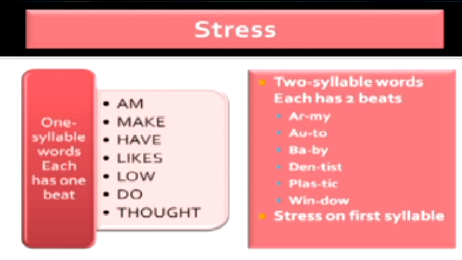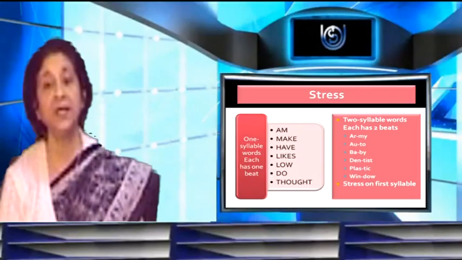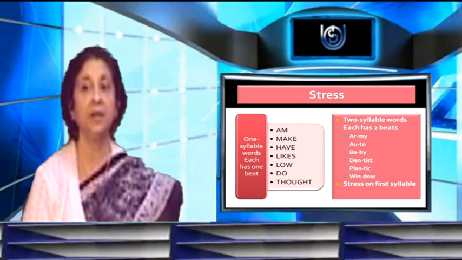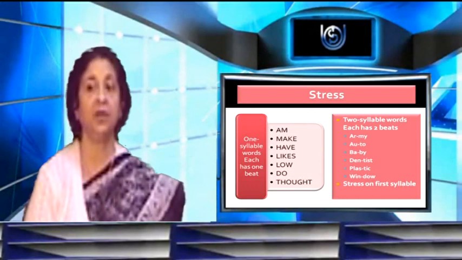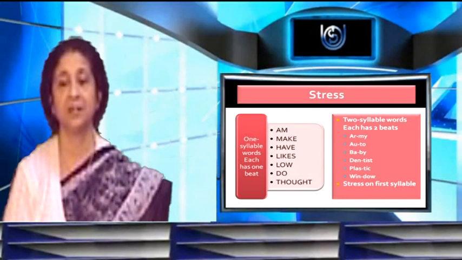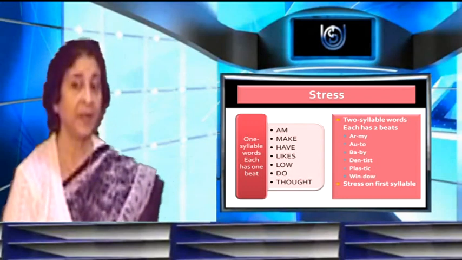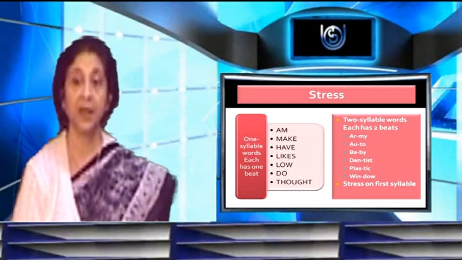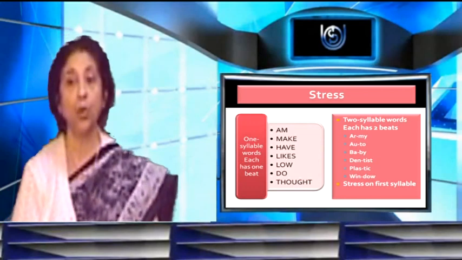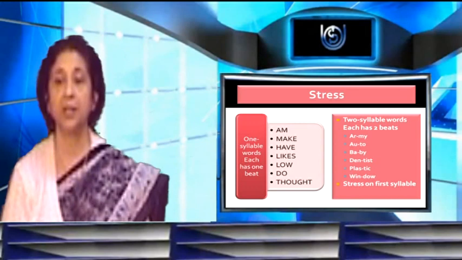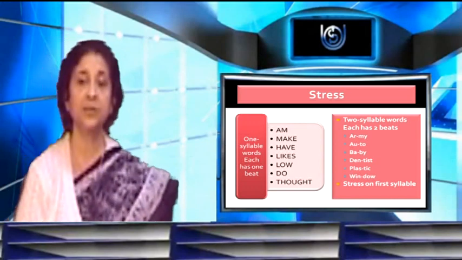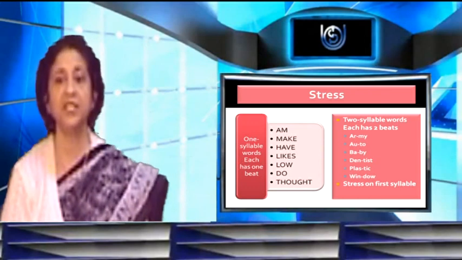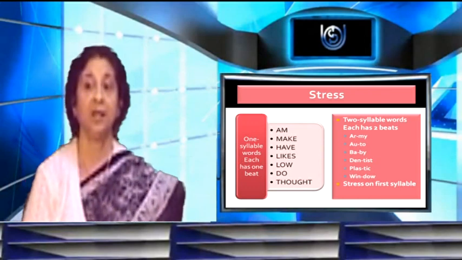When we put stress, a one syllable word has one beat, and then two syllable words have two beats. See the example on the screen: make, have, likes, low, do, thought. In all these words, one syllable word is there and each has one beat only.